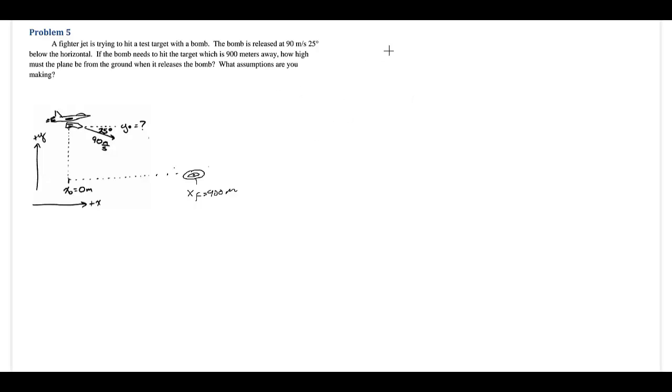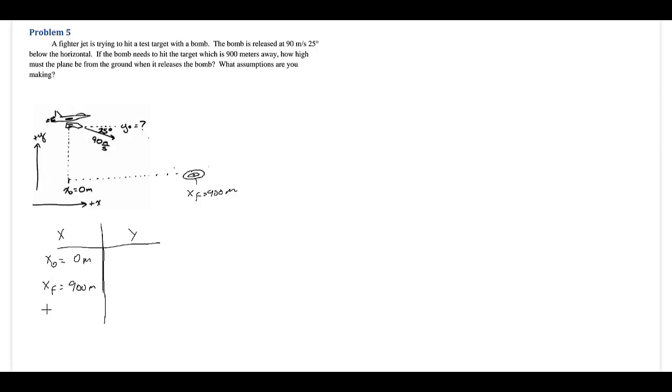The first thing I would do is start assembling your information in the x and y direction. What do you know for x and what do you know for y? We know that in the x direction, x initial, according to the above here, is 0 meters. We know that x final is equal to 900 meters.